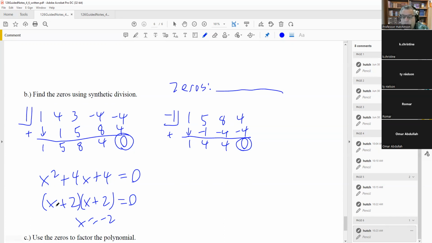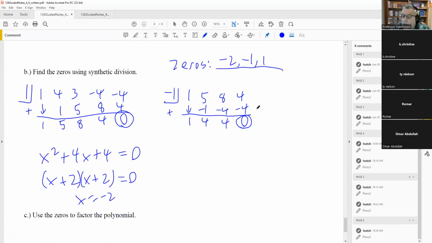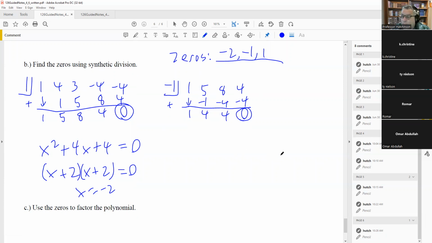Now, since we have 2 of these, we get -2 twice, but you only have to put it once. So I'm going to put -2, -1, and 1. Okay, so -2, -1, and 1 will be the answers on that one. So we have a double one here at -2, but you only have to write it down once.